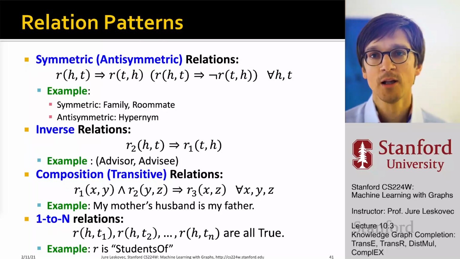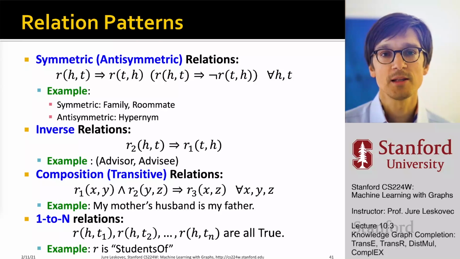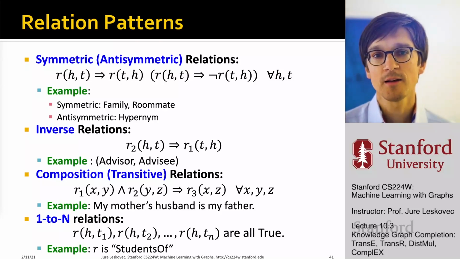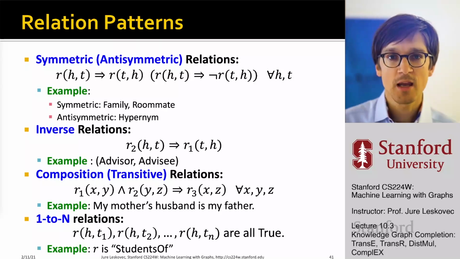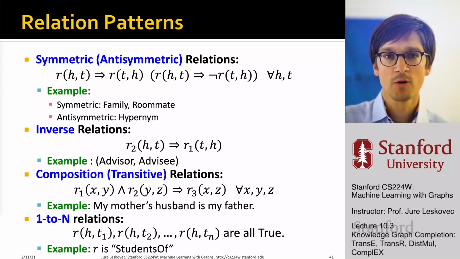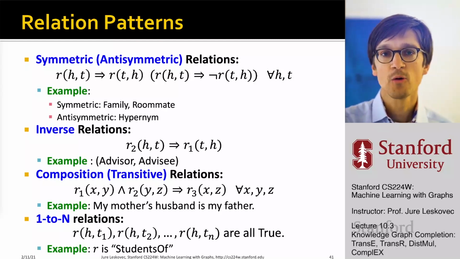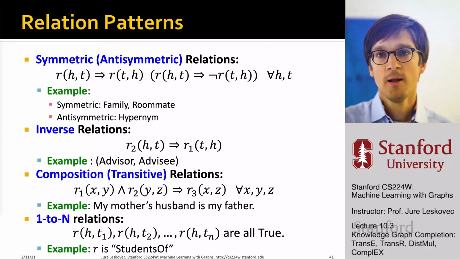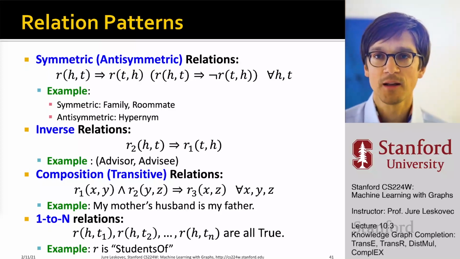Or if you think about relationship types, those are also transitive. For example, I say my mother's husband is my father. That's also saying, if you start with me and you transform according to the mother relation, and then you take the mother point and transform according to the husband relation, you should arrive at the same place if you take myself and transform me according to the father relation, right?